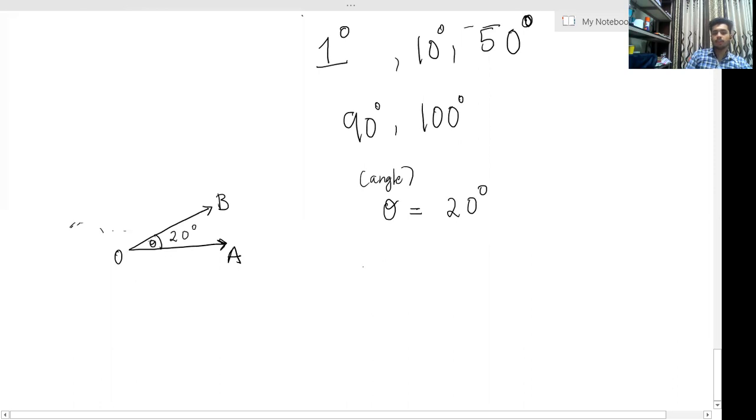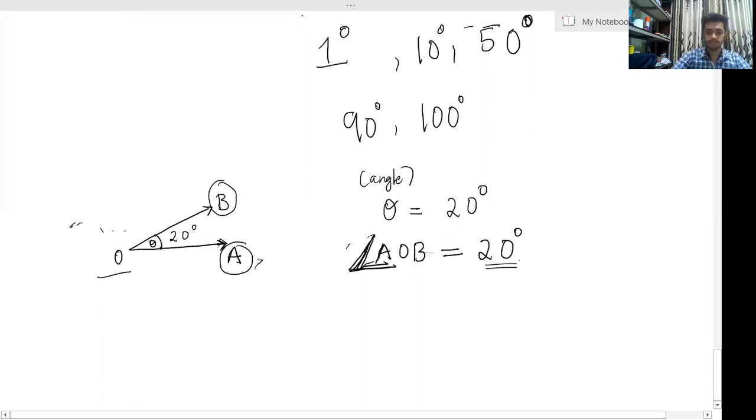I can also name this angle A O B. So I can write it as angle A O B is equal to 20 degrees. This is another way of representing it. So this is the symbol for angle. Angle AOB is equal to 20 degrees.